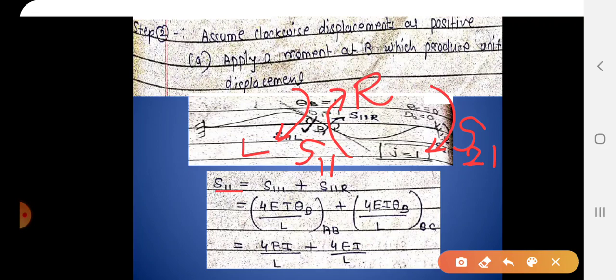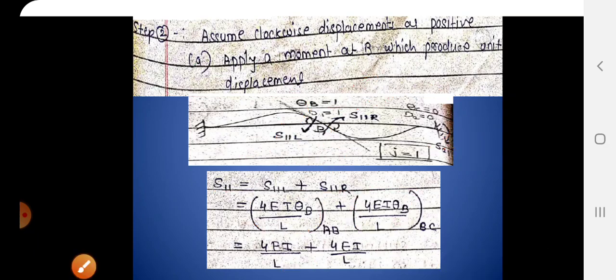First we get S11 equal to S11 L plus S11 R. The moment required to produce displacement theta is 4 EI theta by L. Here theta is theta B, so 4 EI theta B by L, and on similar lines 4 EI theta B by L for span BC. Theta B is 1 because of unit displacement, therefore 4 EI by L plus 4 EI by L, total is 8 EI by L.